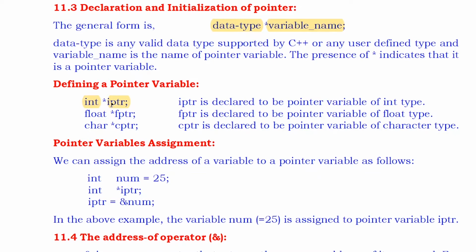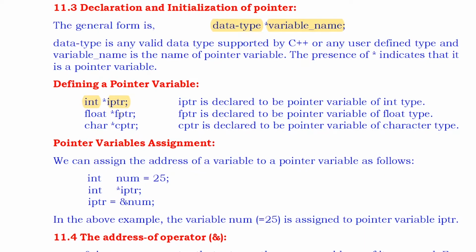And remember, iptr is not a mandatory name for a pointer. You can use any valid identifier. It's just a variable. For descriptive purposes they have used iptr, like integer pointer. We need not use the word pointer; that is not a criterion. You can use any valid identifier.